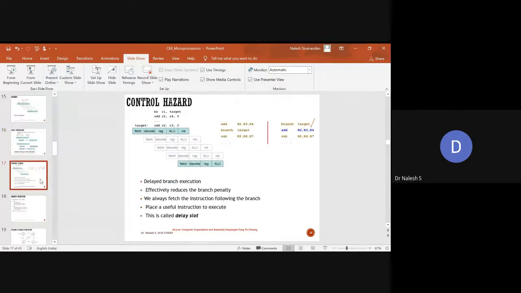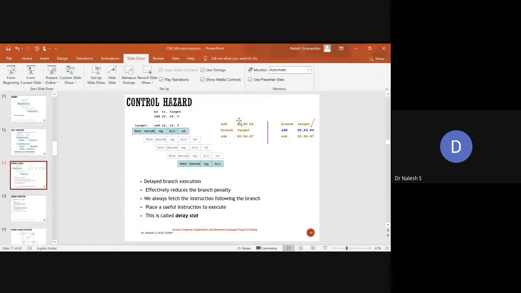Now, the next is, how do we handle control hazard? Control hazard is when there are branches, you have to wait till the branch instruction is completed before moving to the next one. One way to do that is to rearrange the instructions.